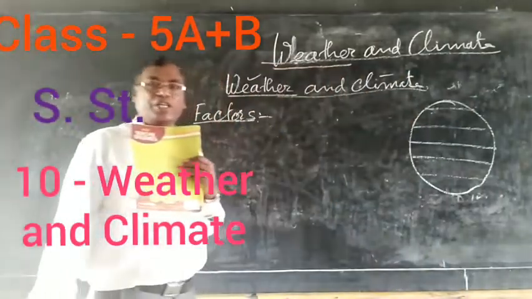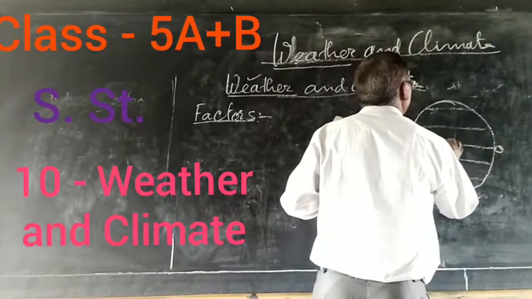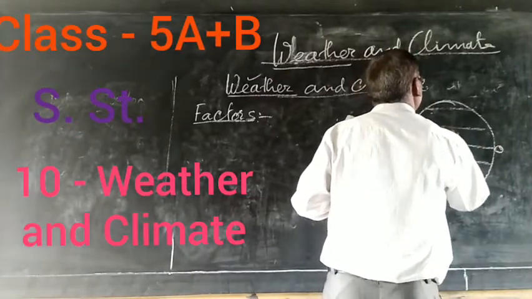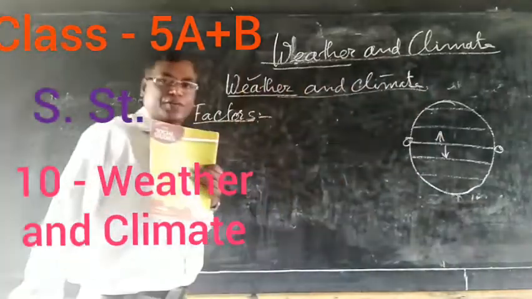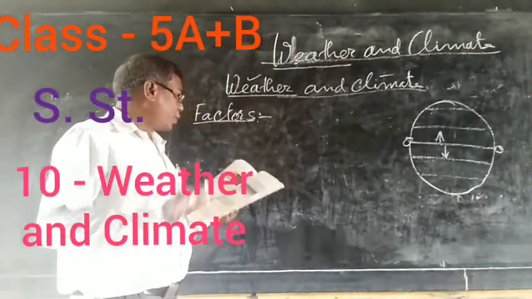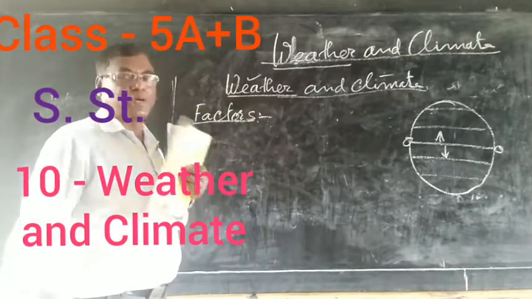This is the latitudinal distance from the equator, the equator being 0 degree, and the distance from here and from here. So number one is latitude, or the distance from the equator.